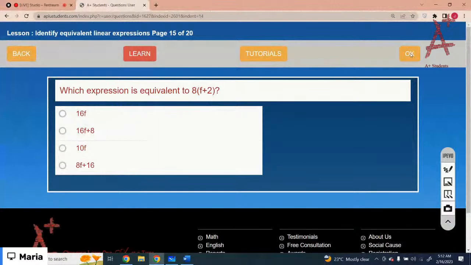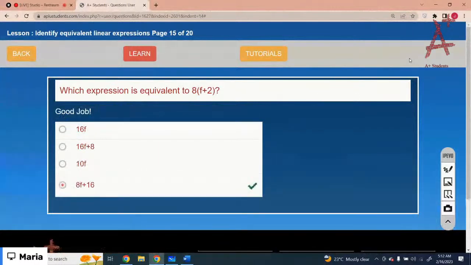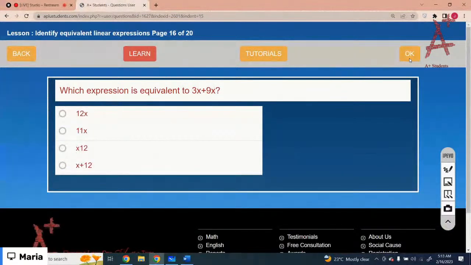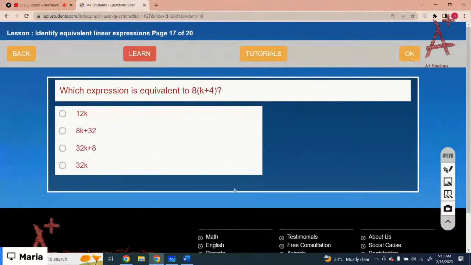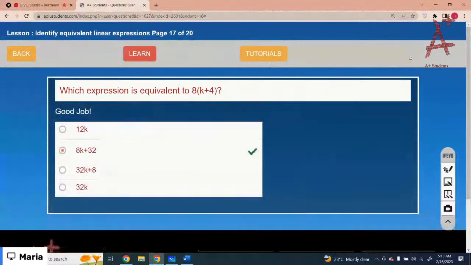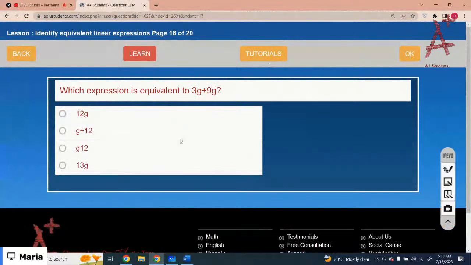Okay, 8 times f is 8f plus 16. Okay, 3 times 9 plus 3 is 9, 10, 11, 12. It is 12x. Okay, 8k plus 8 times 4 is 32. So that is the correct option. Okay, 3, 9, 10, 11, 12. So it is 12g.